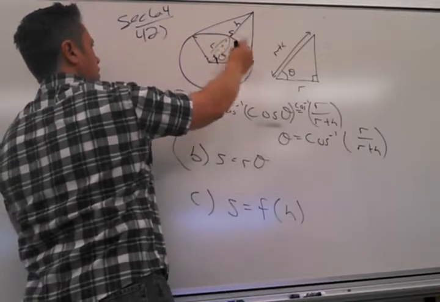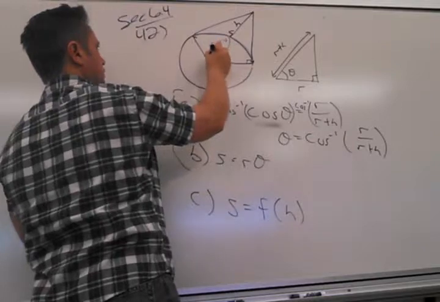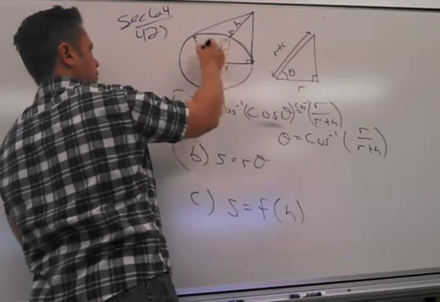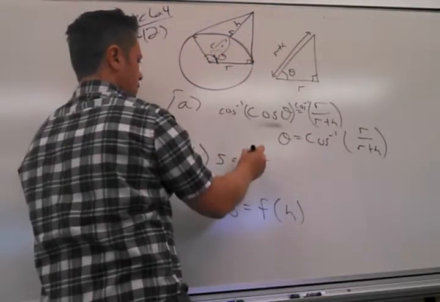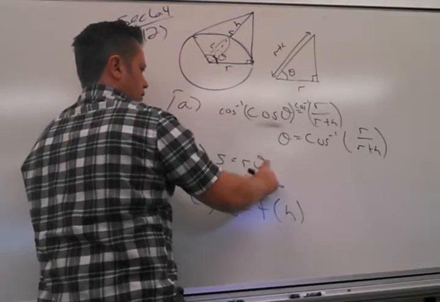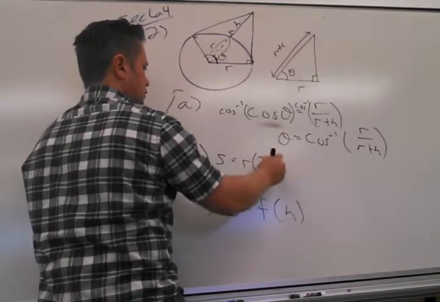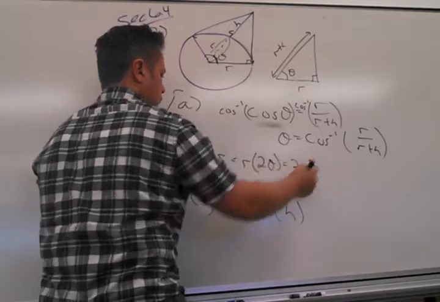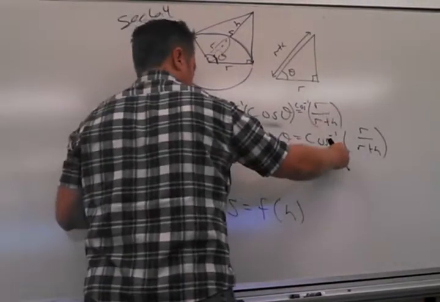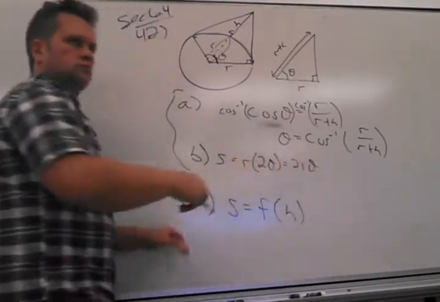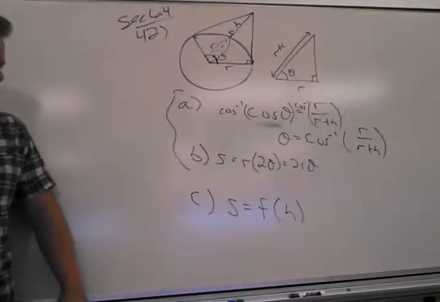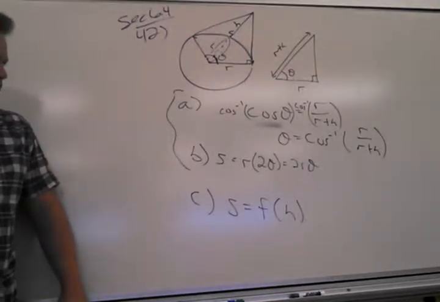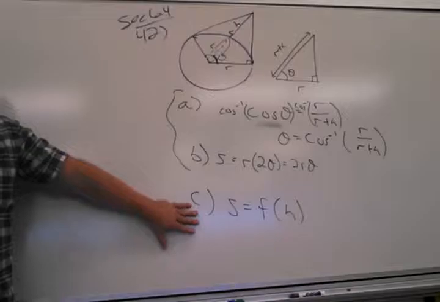So theta is just there in the triangle, so of course if I want to get the sector, it's going to have to be the other way around. Twice theta. So right here, since our angle is twice theta, cool. So now you take that theta, and you plug it in here for part C.